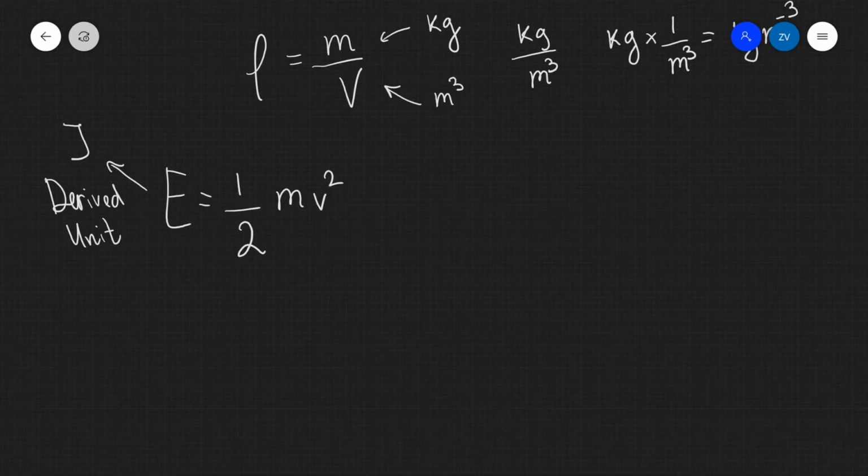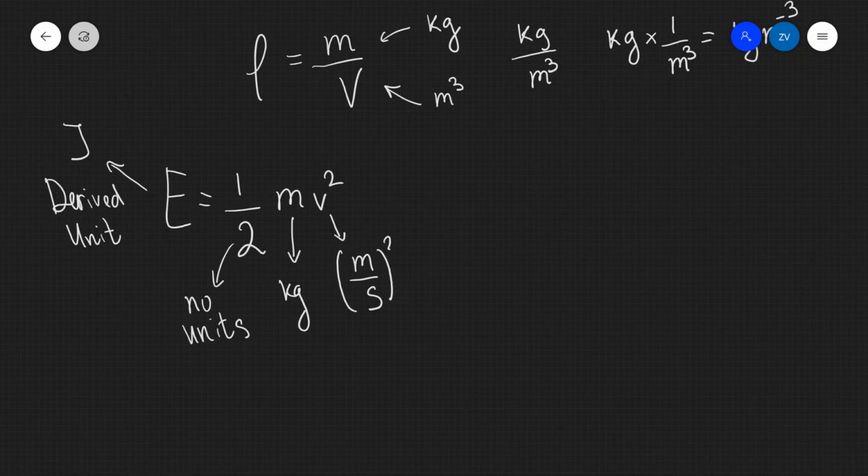First of all, the half has no units attached to it, it is just a number. Mass, on the other hand, is measured in kilograms. Now v is measured in meters per second, but this is v squared, so that means that this is going to be meter squared divided by second squared.